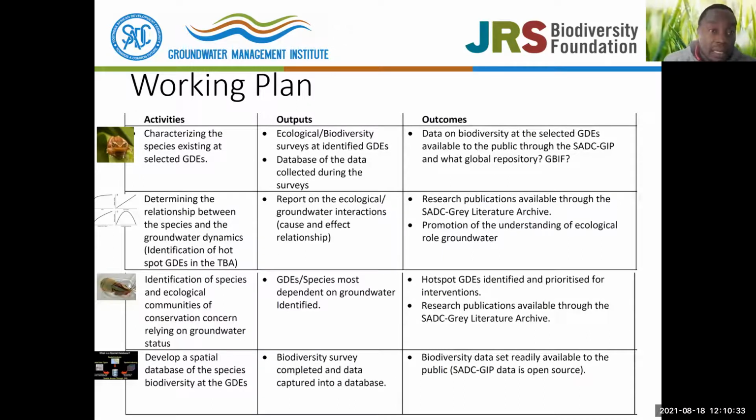So if you look at the first activity, it is characterizing the species that exist within the selected GDEs. So for the species here, we'll mostly focus on the plants. All right, so plants that exist within the ponds, and plants that exist outside or within the terrestrial environment immediately out of the ponds.